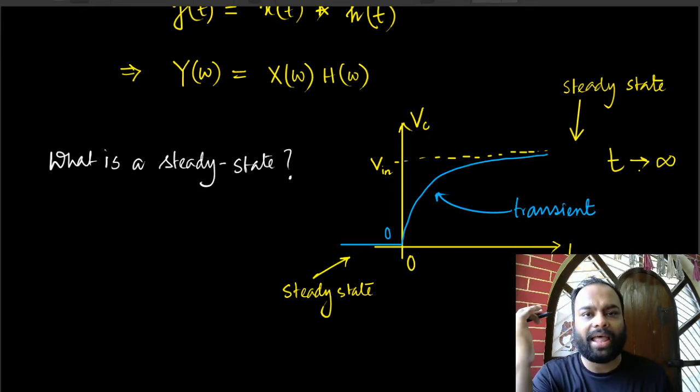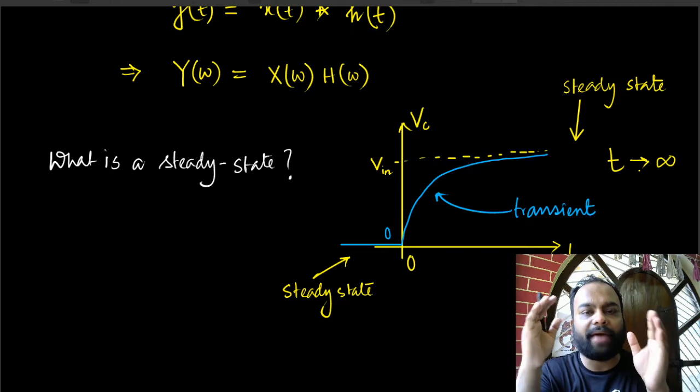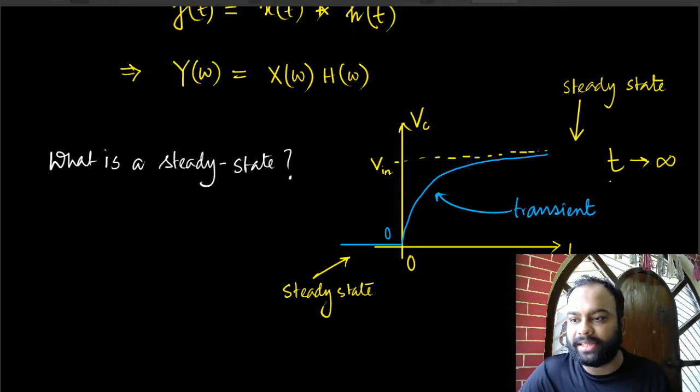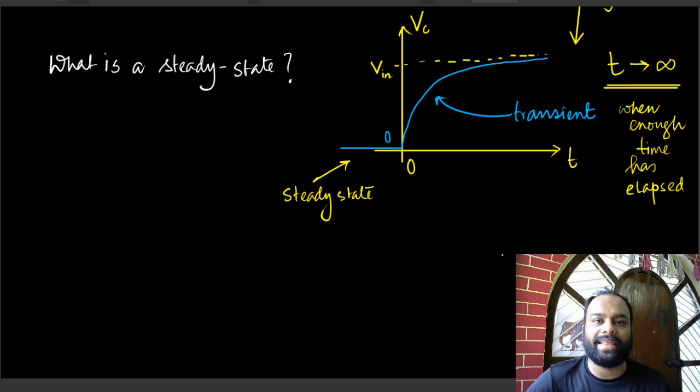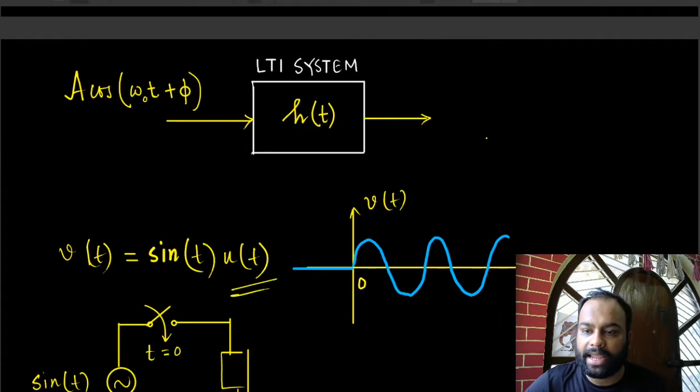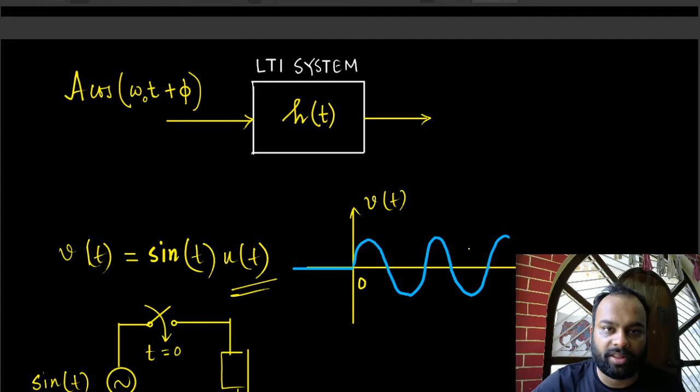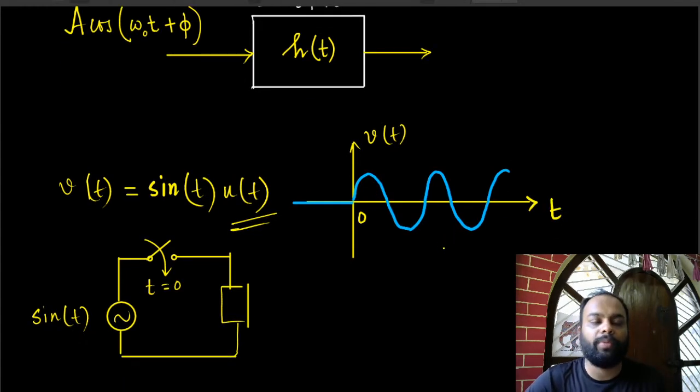When enough time has elapsed, this state is reached. So that is the point here. Enough could be very different things for different situations, so we shall talk about that.